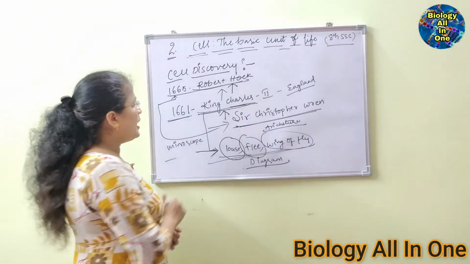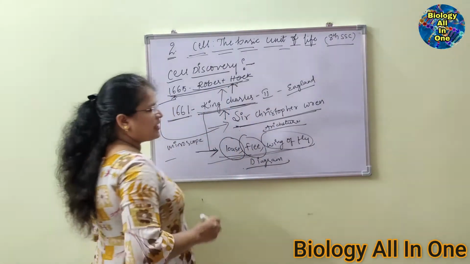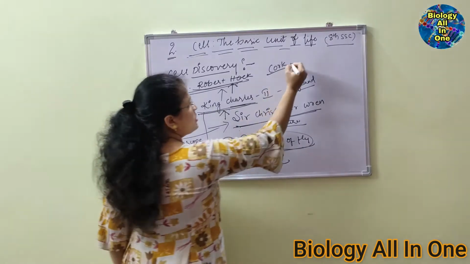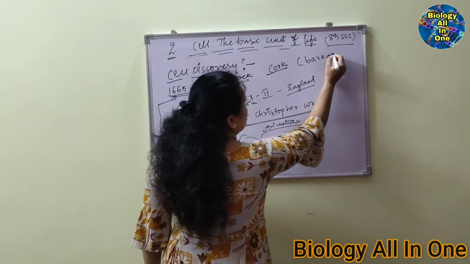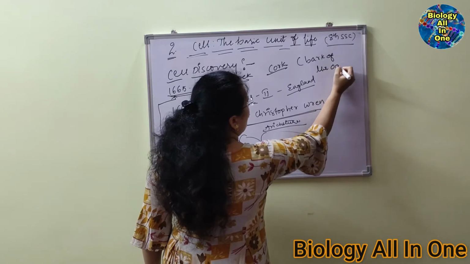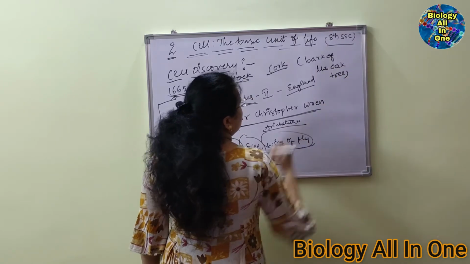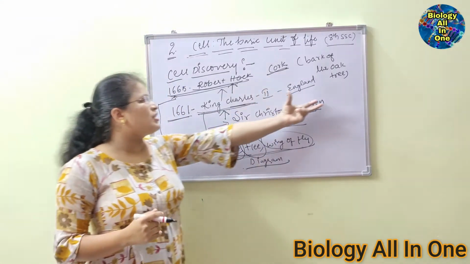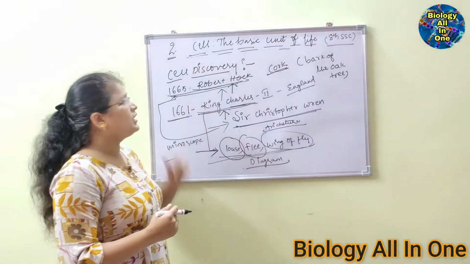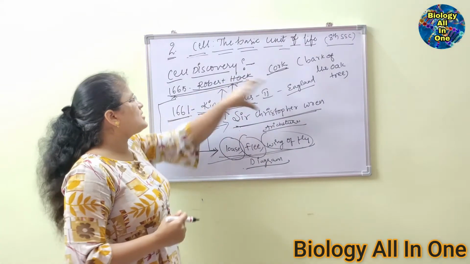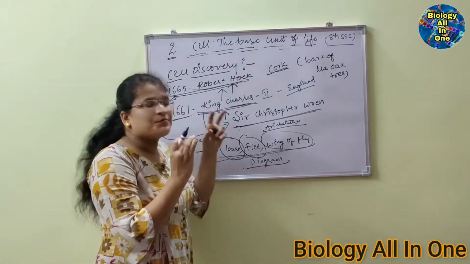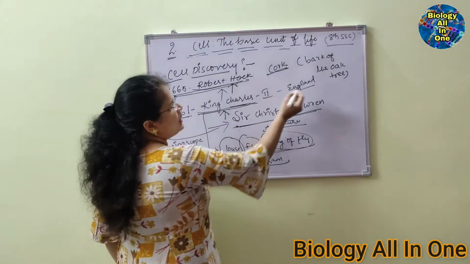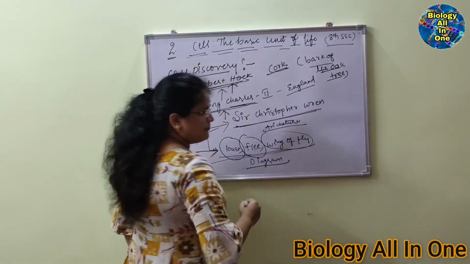While observing different things, he observed the bark of the oak tree in his microscope. The microscope was prepared by Robert Hooke, a British scientist.